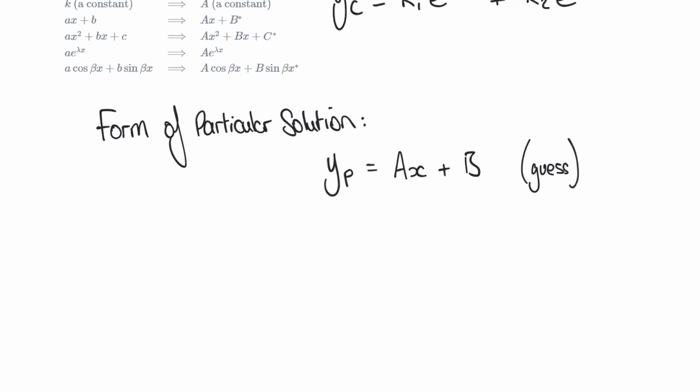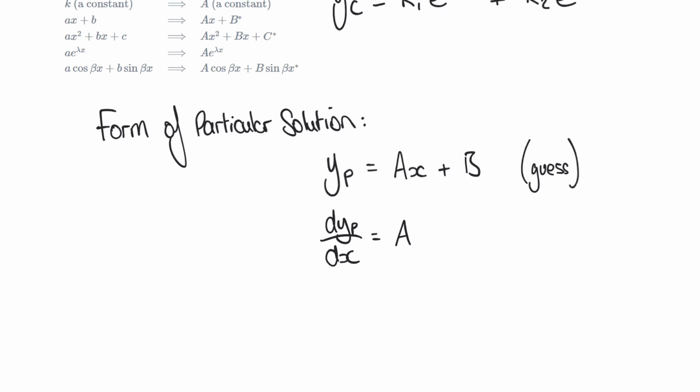So our initial equation involves y, but it also involves the first differential, dy by dx, and the second differential, d squared y by dx squared. And what we're going to do is substitute our particular solution, yp, into each of these y terms. But to do that, we're going to have to differentiate our particular solution as well. So we said that yp was equal to Ax plus B. And that means that dyp by dx, the first differential, is going to be equal to A if we differentiate that expression.